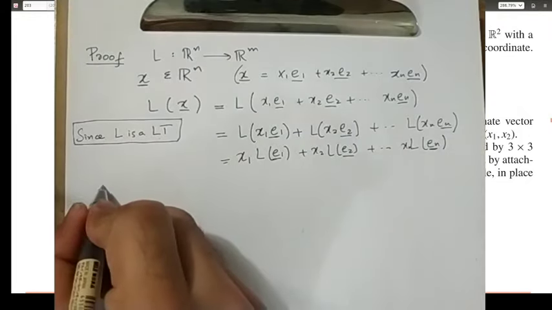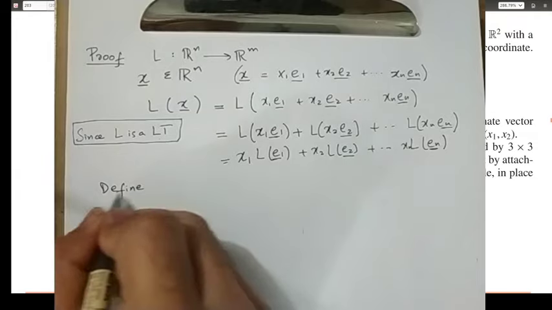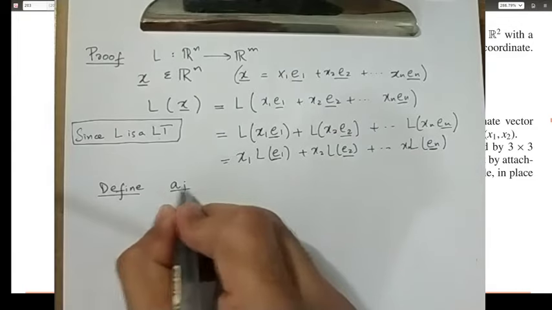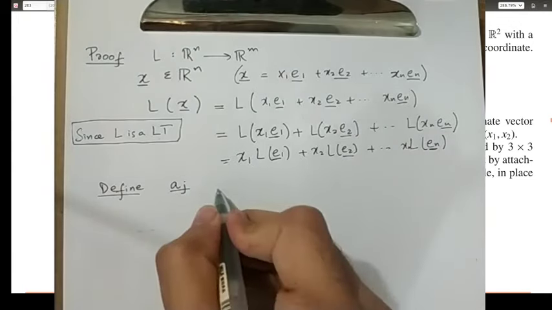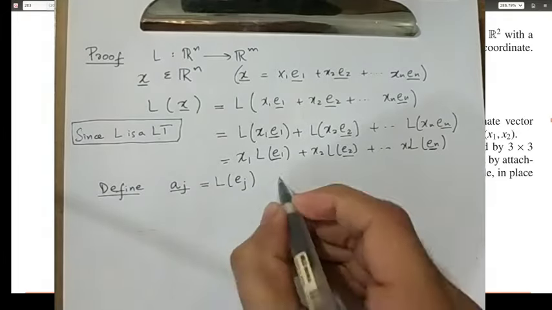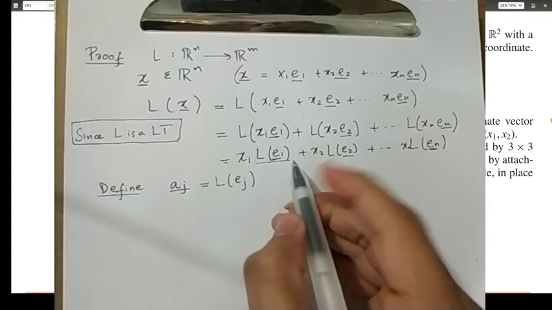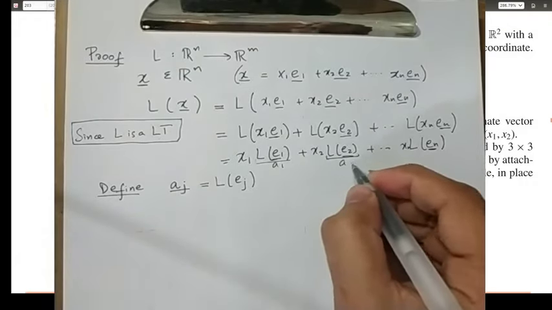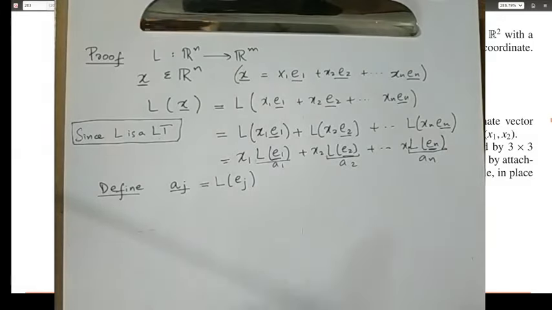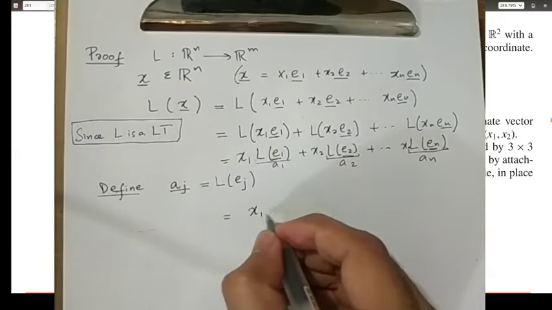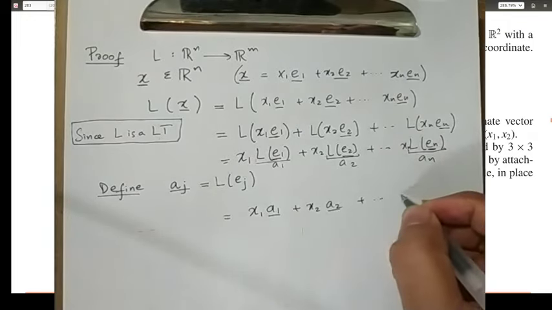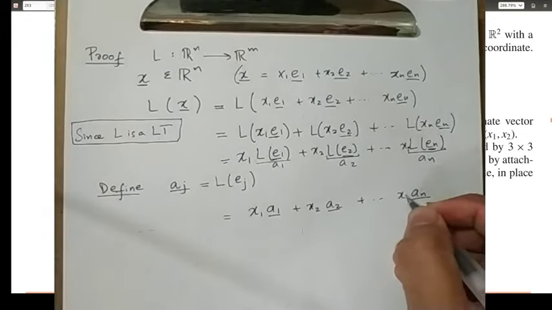At this point I will define some vectors Aj, the column vectors that I needed, and I will define them as L of ej. So this is A1, this is A2, up until An. Then I have x1 A1 plus x2 A2 plus up until xn An.